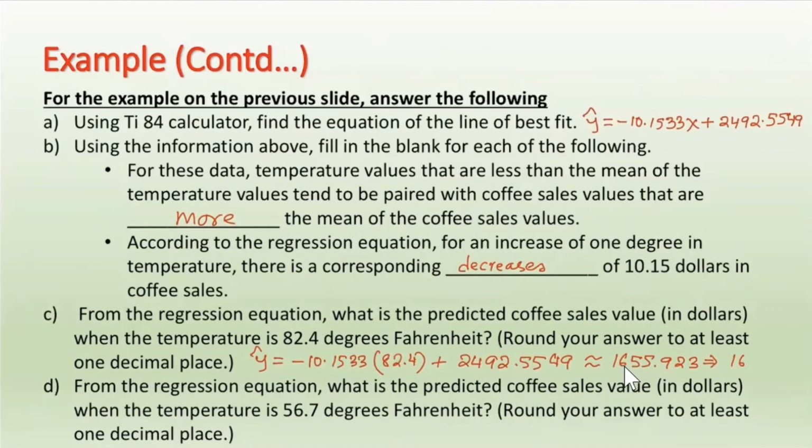So it will be 1656.0, because it is up to 1 decimal place. Okay, so we plug in the value, we got the result. Any question in C, what we did? Please unmute yourself when you're talking. No. Okay, now look at D.